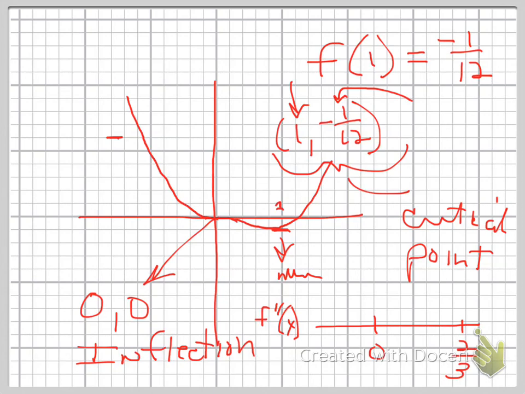To the left of 0, I am concave up. At 0, it's changing. Between 0 and 2/3, I am concave down. And then to the right of 2/3, I am concave up.